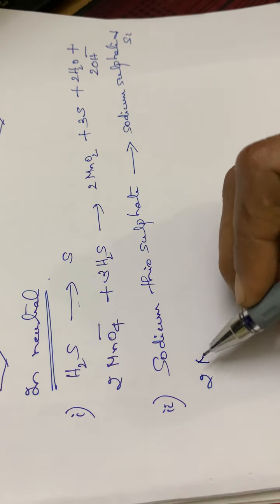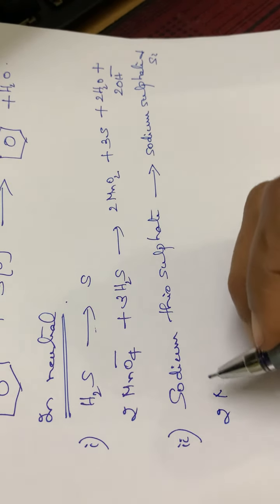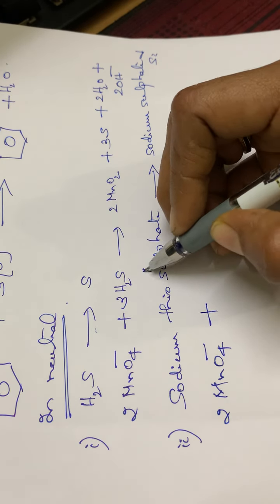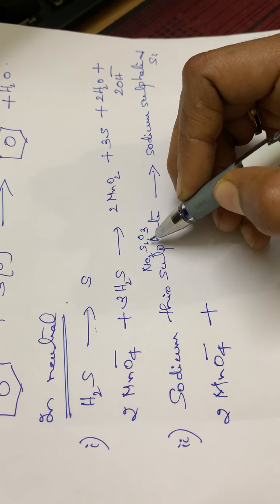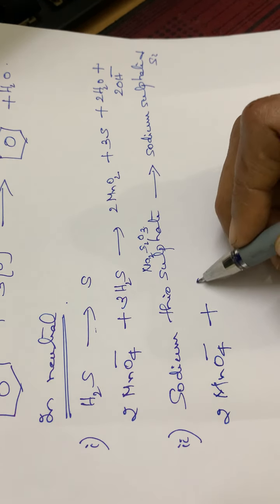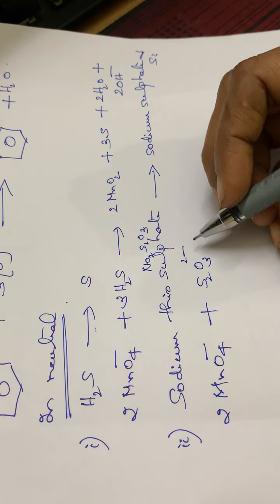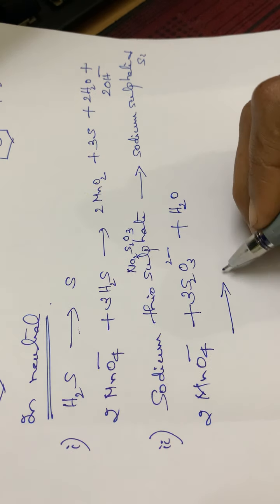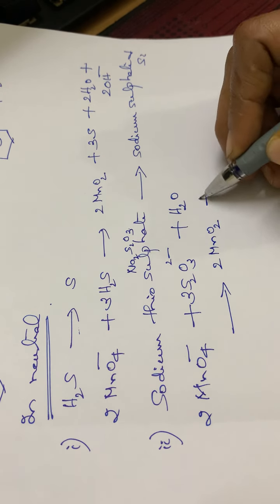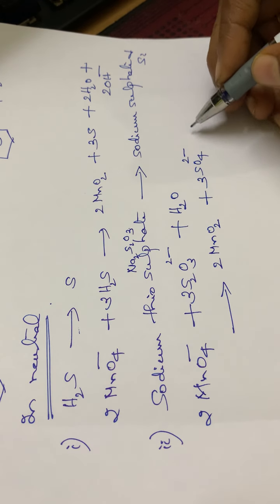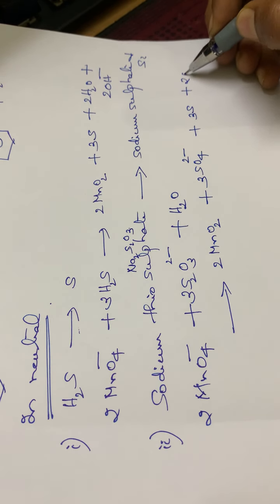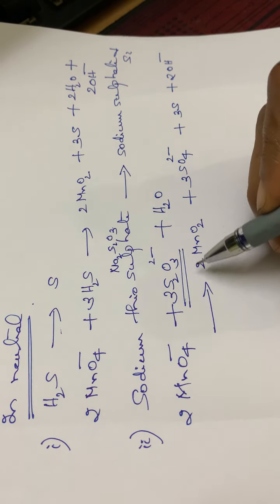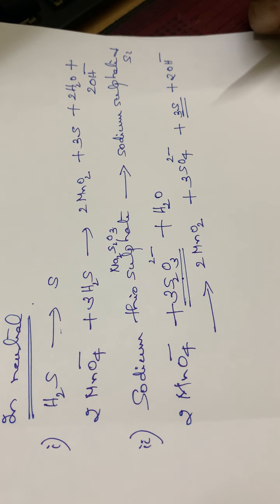So write down the equation: 2MnO4 minus plus sodium thiosulfate, which we can write as S2O3 2 minus, 3 molecules, plus H2O giving 2MnO2 plus 3SO4 2 minus plus 3S plus 2OH minus. So this is the conversion of sodium thiosulfate. Here it is oxidized to sulfur.